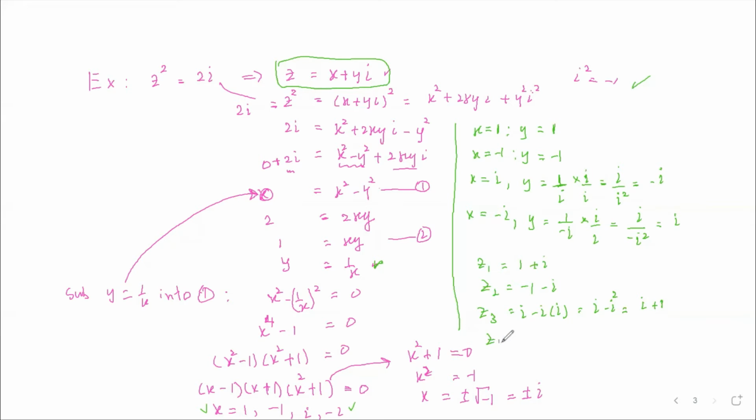Okay, and then the fourth, what's going to be? This is my last one, replace it in here. So if x is negative i, y is i times i. Then now we replace all of this in here.